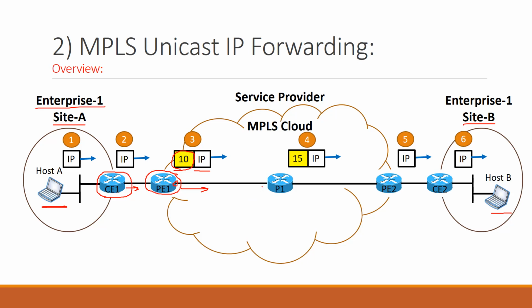Now provider 1 will receive the labeled packet. What will it do? It will do swapping for the labels. Swap label number 10 to label number 15 and attach the new label to the IP packet header and send the labeled packet according to the MPLS forwarding tables out of this interface to provider edge 2.